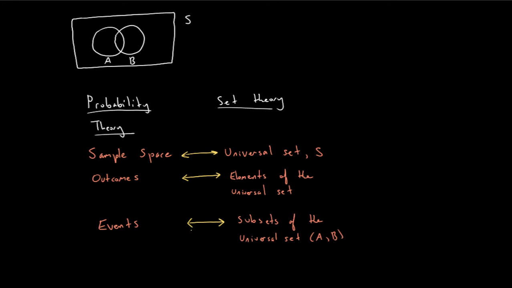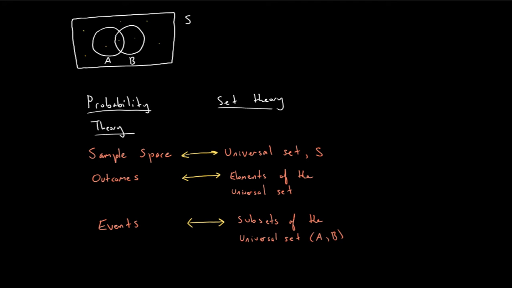Now, a trial is a single performance of an experiment. That's more of a conceptual notion, so there's no direct parallel with set theory there, but these actual objects, these things you can grab on to, each of them has something to do with sets. The sample space is just all the space available to us, the universal set. Each outcome is one possible point, one element that could be somewhere in the sample space.